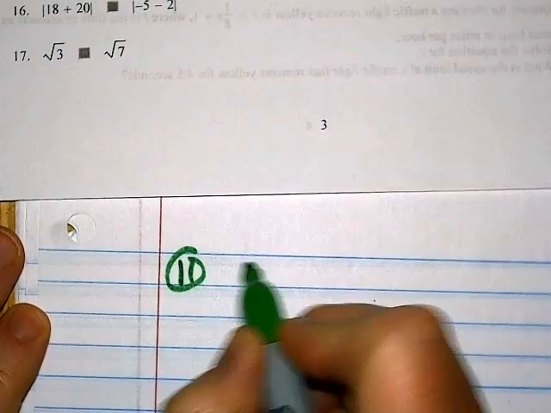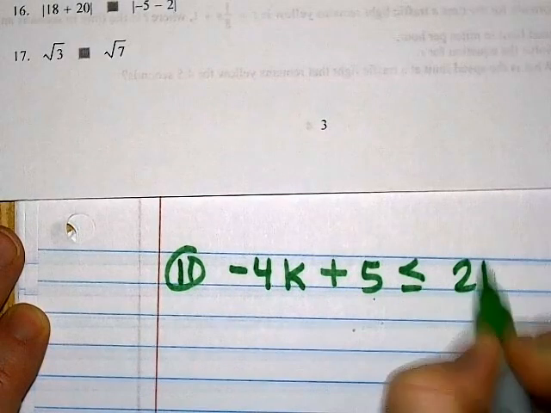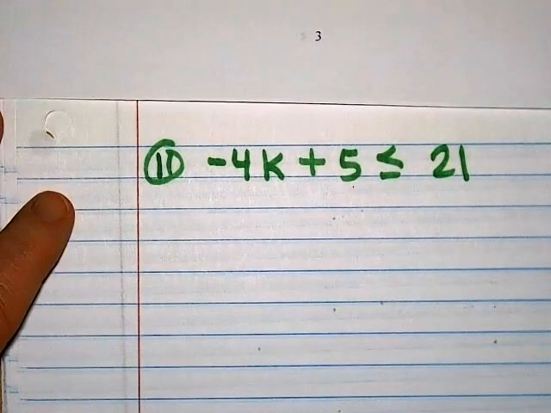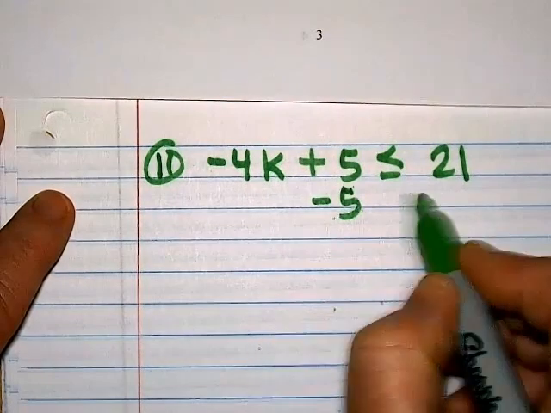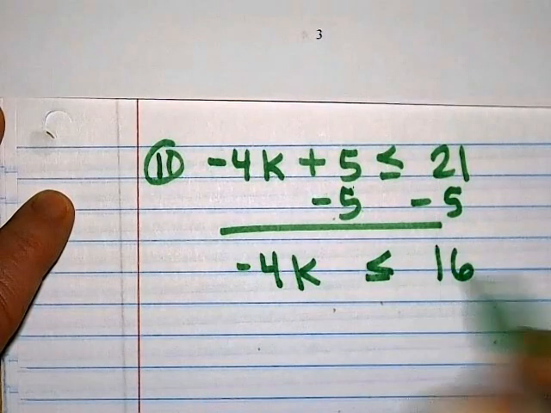Number 11. Number 11 says negative 4k plus 5 is less than or equal to 21. What do we need to do first here? Subtract 5. Okay.